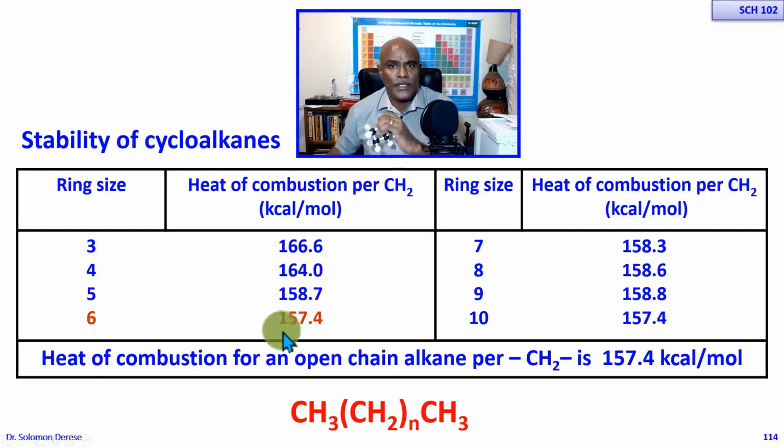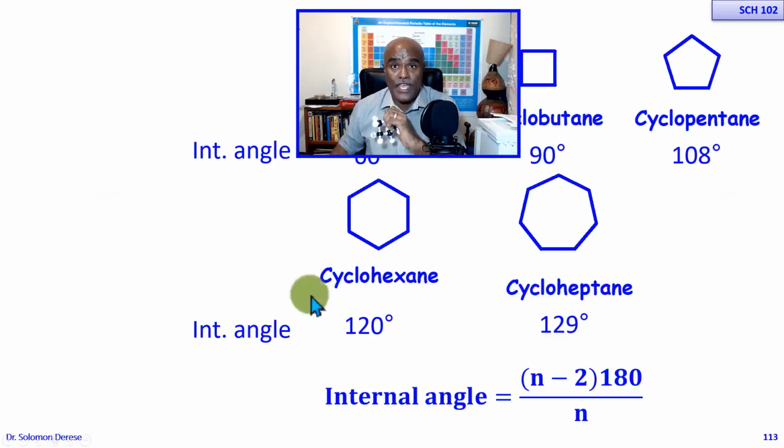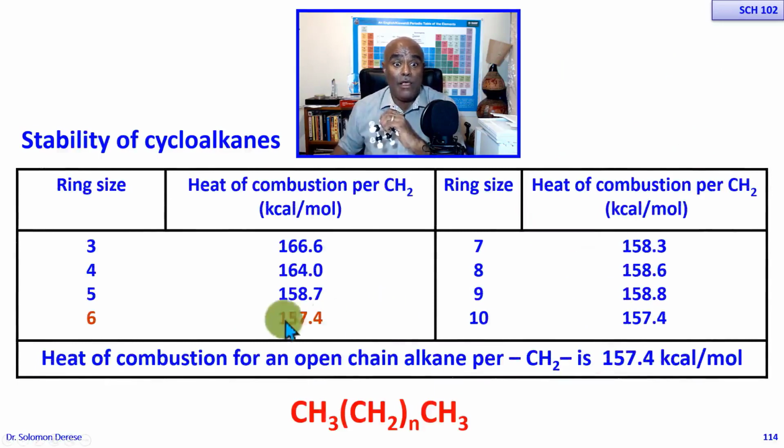Through rotation across its carbon-carbon single bond, the internal bond angle of cyclohexane is not 120 degrees, but the ideal 109.5 degrees.